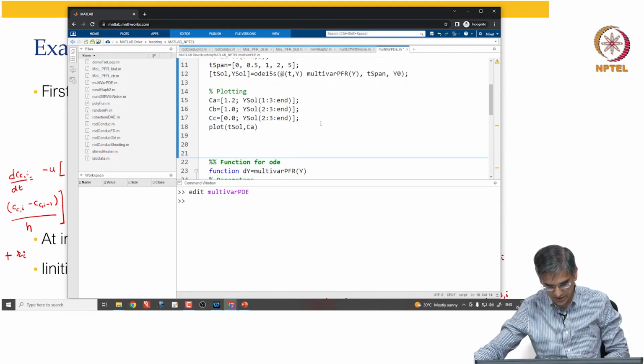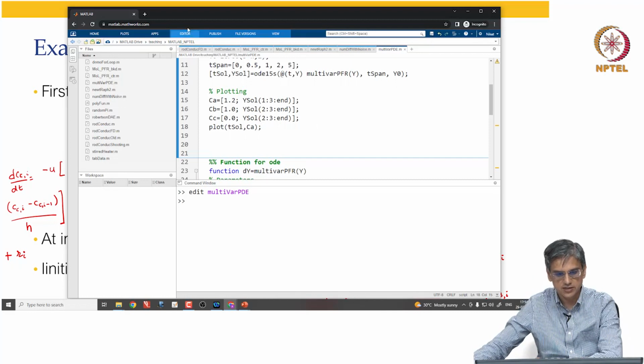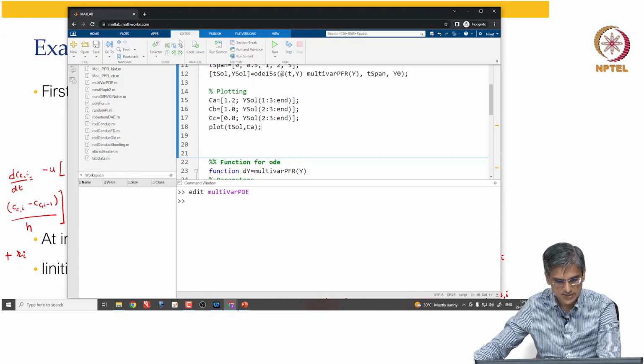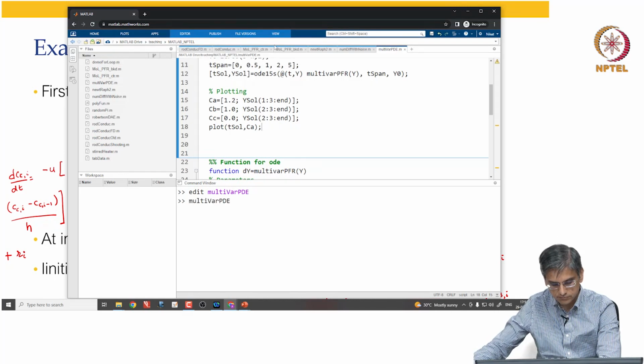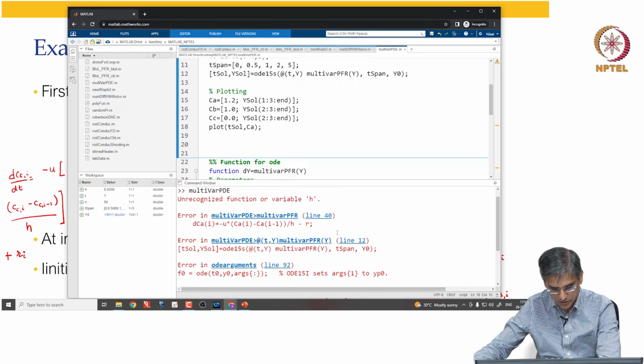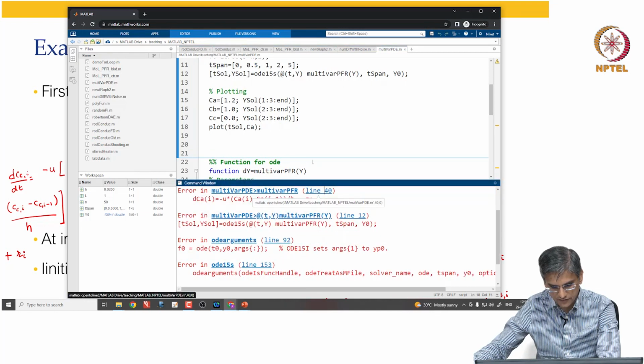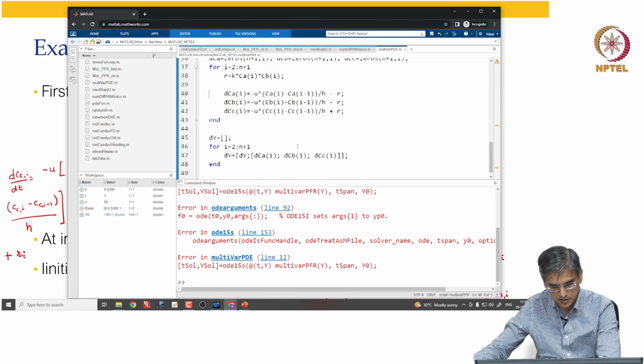Let us keep it like this. I am sure I am going to get an error, but let us go step by step. So let us run this and see what we get. We got an error at line 40, we have not defined h.